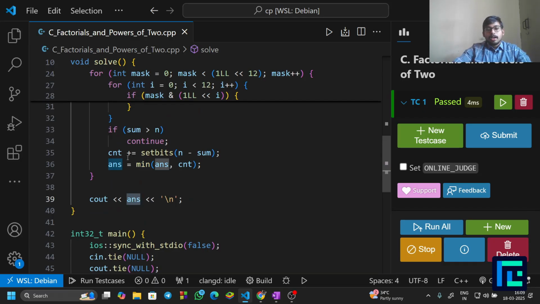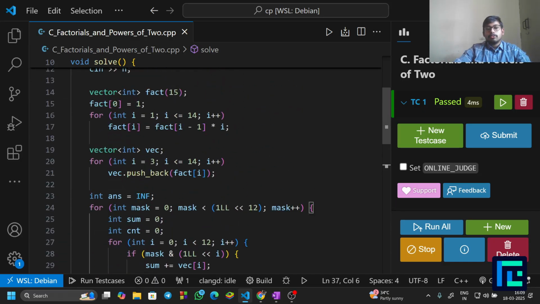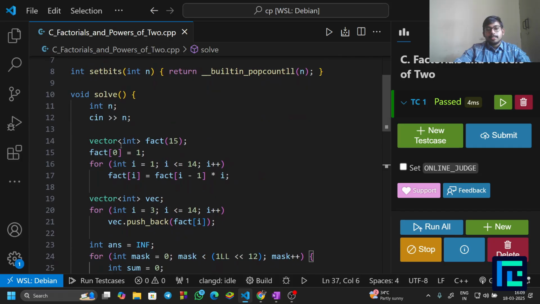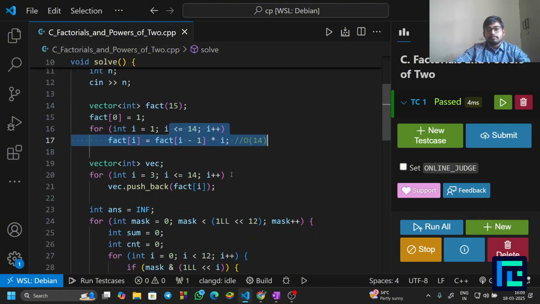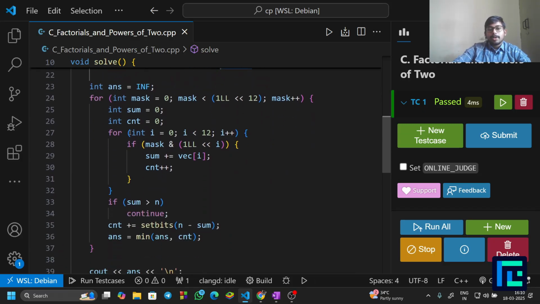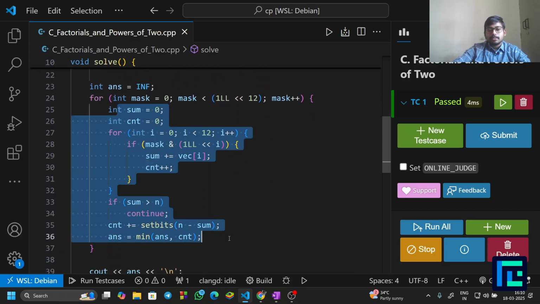If you look at the time complexity through the code, this is just factorial computation, which is taking order of 14 time, just computing the factorials up till 14. This is again an order of 12, this loop is running just 12 times. Now this mask loop is the main part which is taking the time.